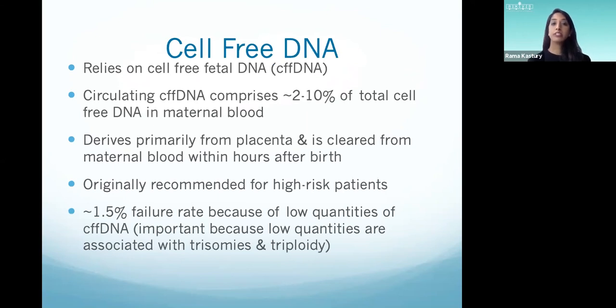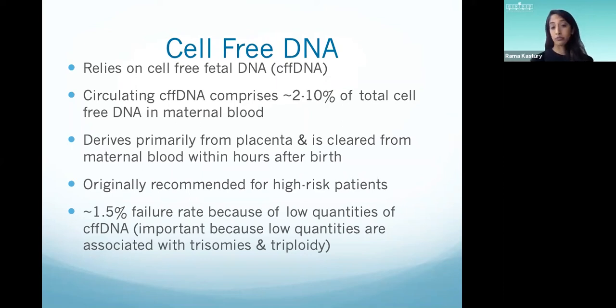So now moving on to cell-free DNA. Cell-free DNA basically looks at small particles of the baby's DNA that float around in the mom's blood. These small particles usually make up 2 to 10% of the total cell-free DNA in the mom's blood itself.